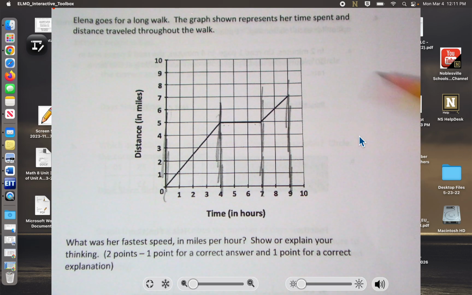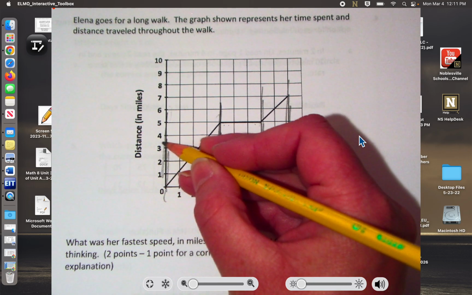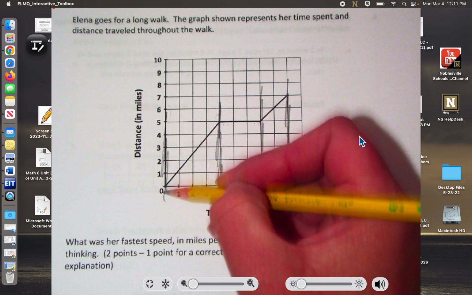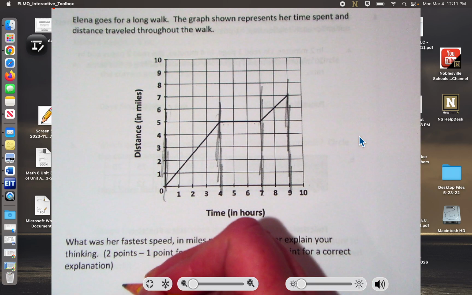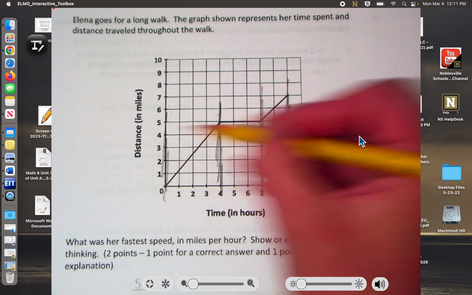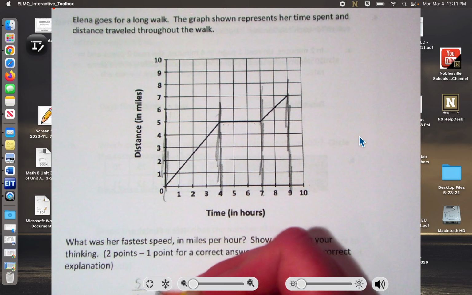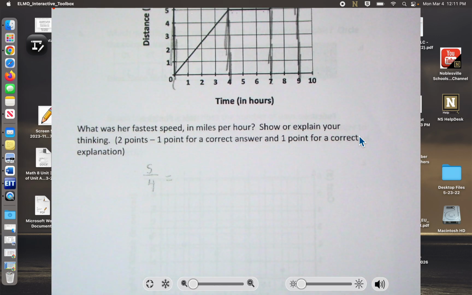Okay, so I'm going to find my slope. So how many miles does she go? What is her vertical change? 5. Here, so we have up 5 and over 4 for her first speed. I'm going to use a marker for this, just so you guys can see it better.